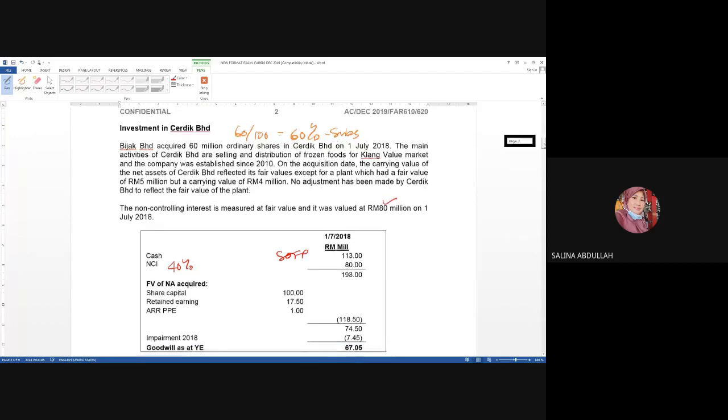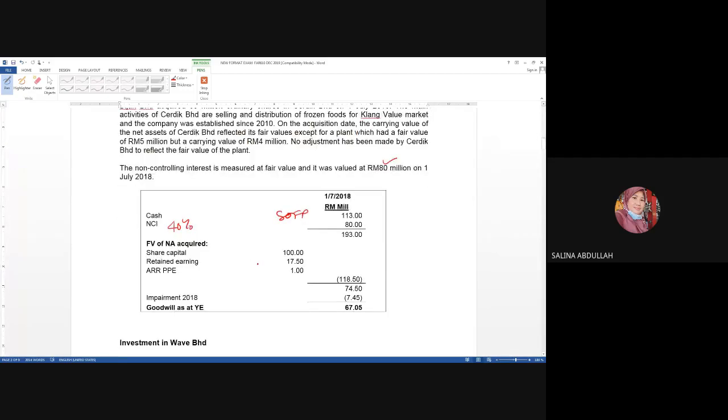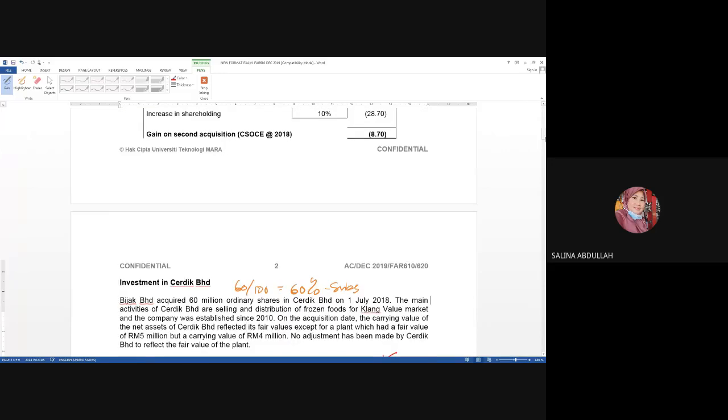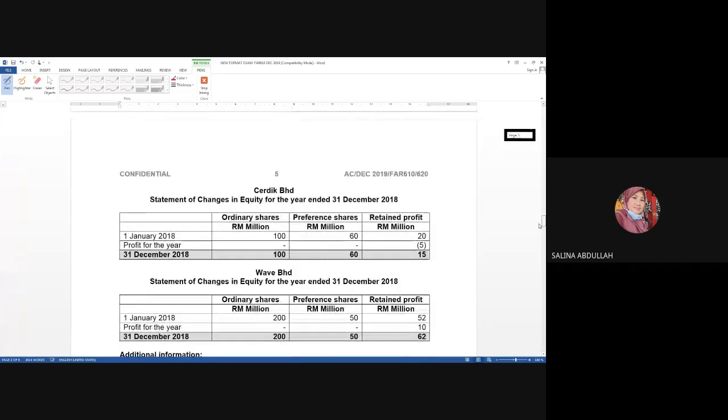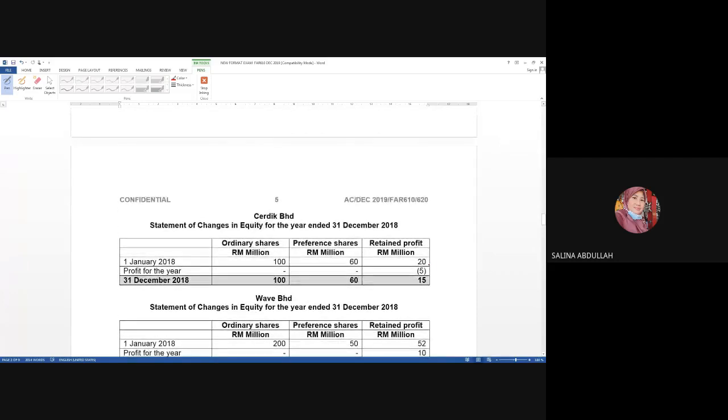Then the fair value of net assets of this subsidiary too. You can get the share capital in the SOCE. You can see here the SOCE of this S2, Cerdik. So ordinary share capital 100, retained profit 20, profit for the year -5. This is a retained loss. When it is in brackets, it is actually a loss.